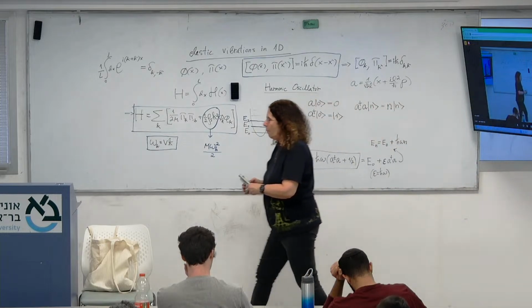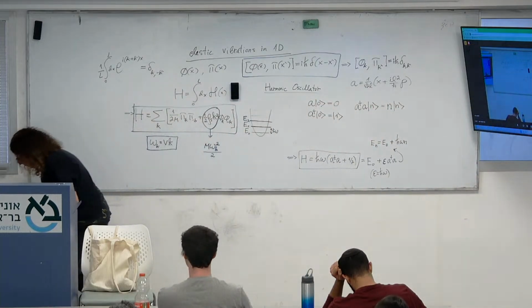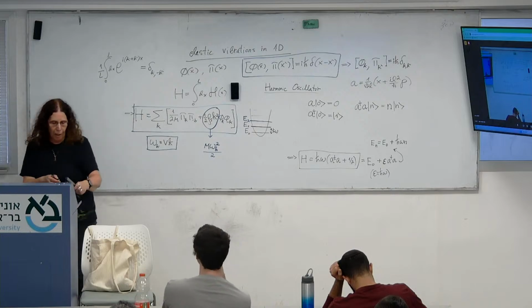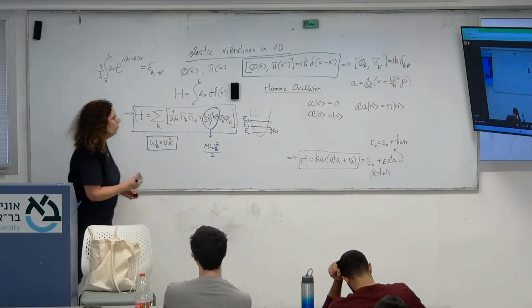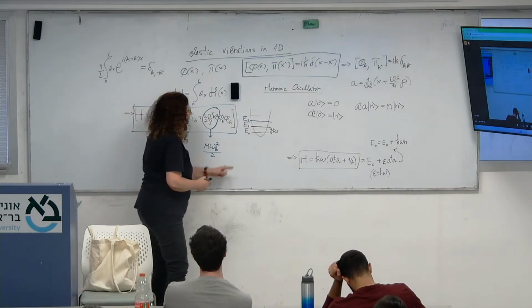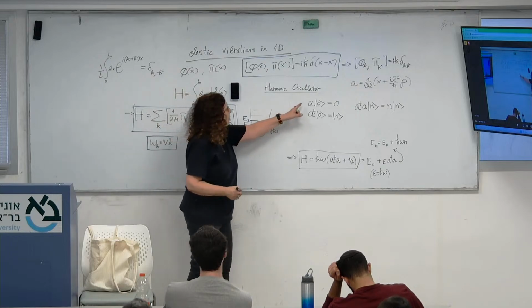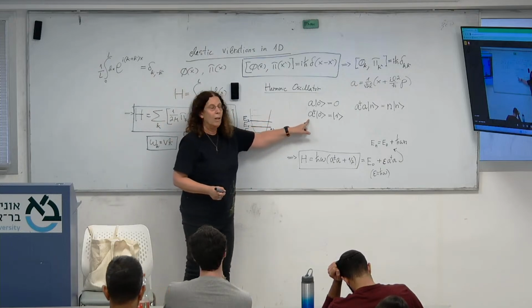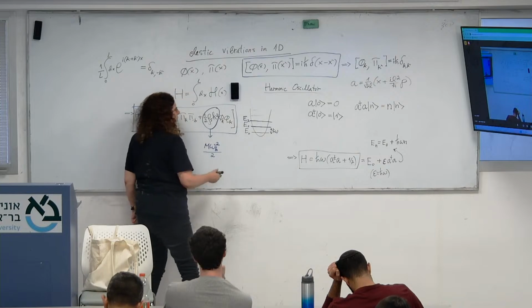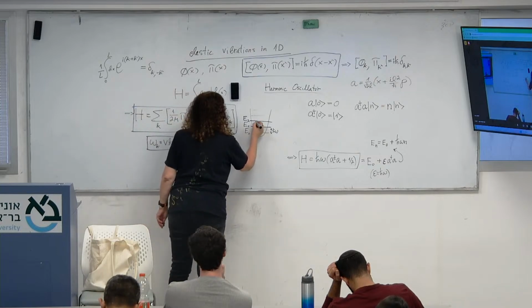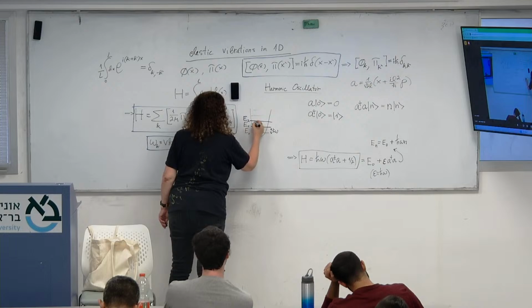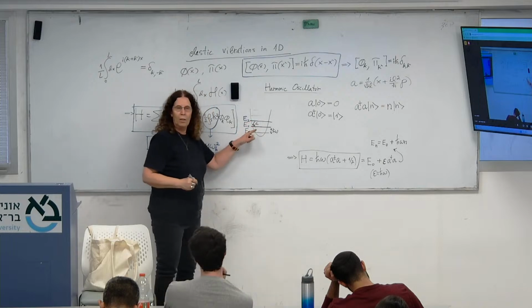Having this in mind, we can interpret the operators A and A dagger. A is the operator that takes you from one level down to the next, right? So it's a lowering operator.